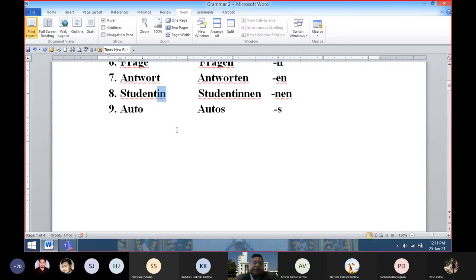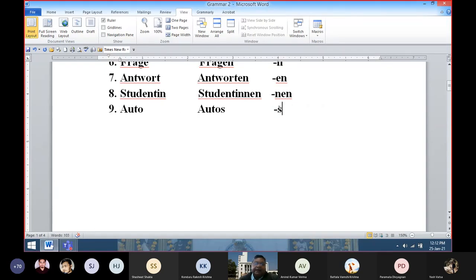Words which are generally of common gender in English are differentiated in German into male and female, and by adding in we make the feminine. So Student becomes Studentin, Freund becomes Freundin, Lehrer becomes Lehrerin. So here you see Studentin, and what will be the plural of Studentin, the girl students? Studentinnen. That means here we have added nen.